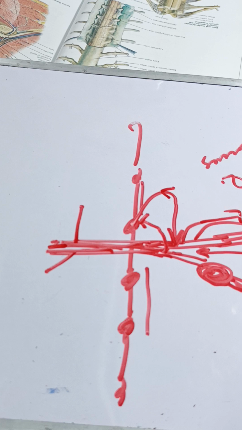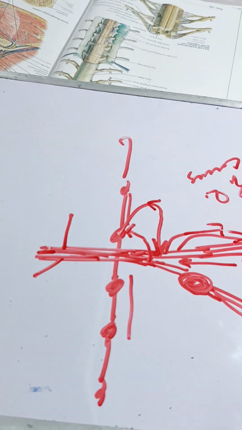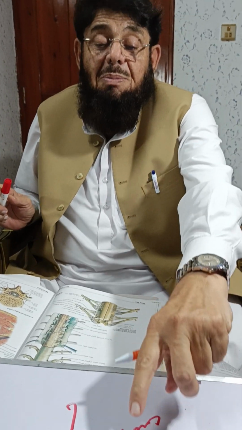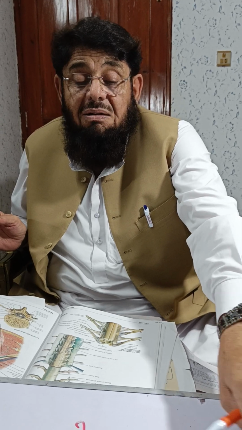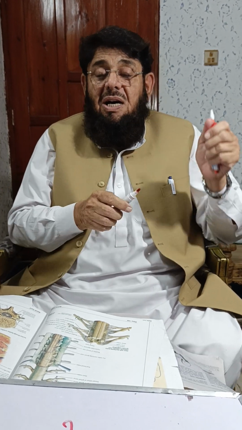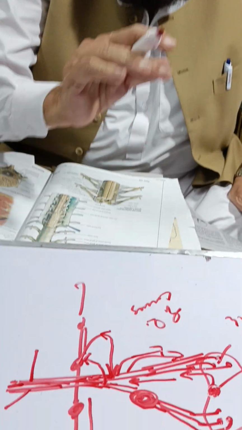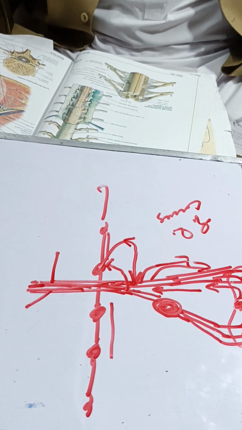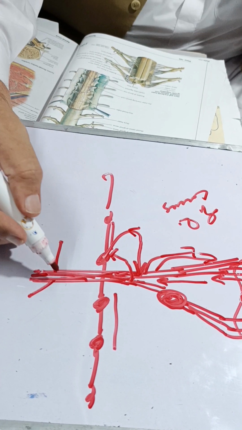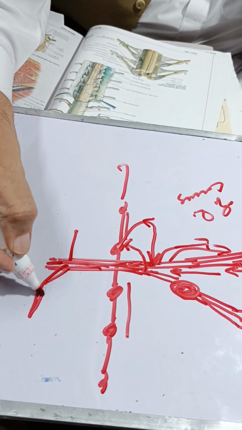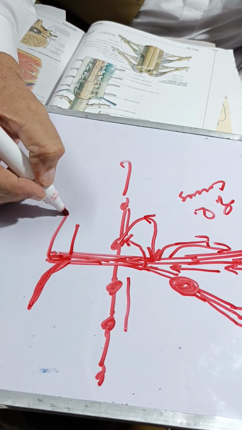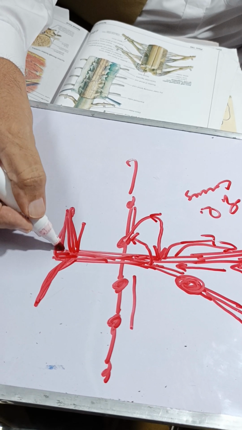So in this way the branches are: number one, the recurrent meningeal nerve, number two, the white ramus communicans, and third, the gray ramus communicans. And then each spinal nerve immediately divides. You can see into the dorsal ramus and ventral ramus, the big ventral ramus.